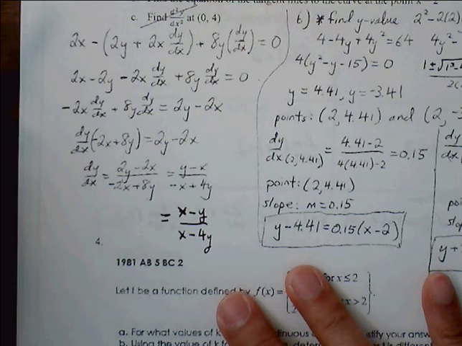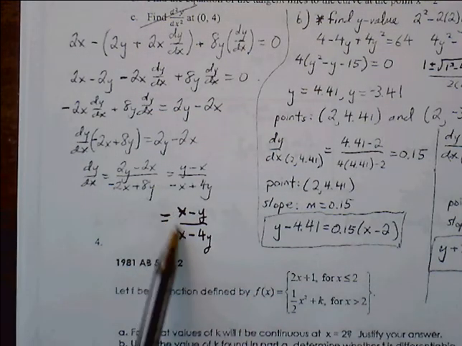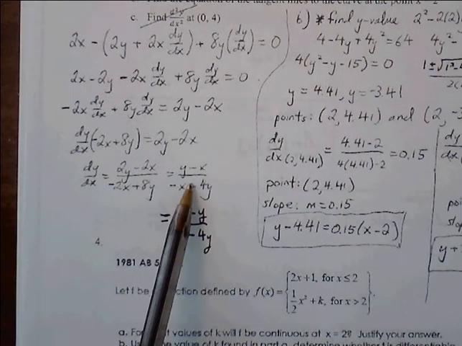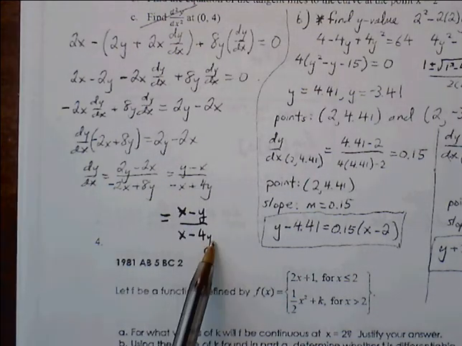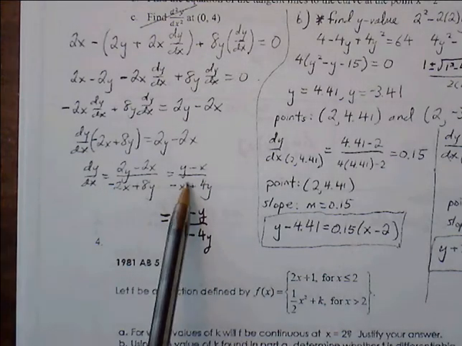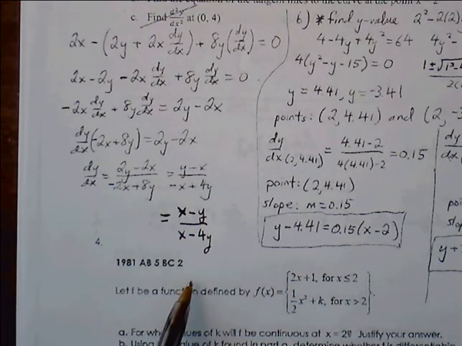Both answers are correct. I want to point this out in case this is a multiple choice question on an AP exam. If the answer choice looks different, you need to be able to make the adjustment and see that these are the same answers.